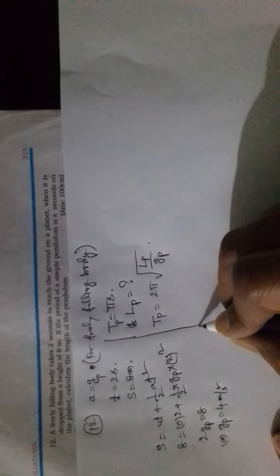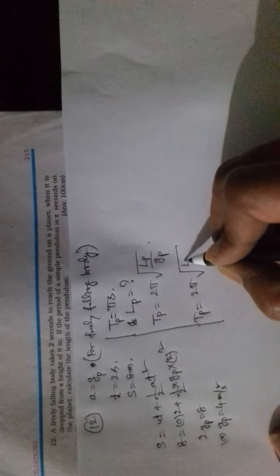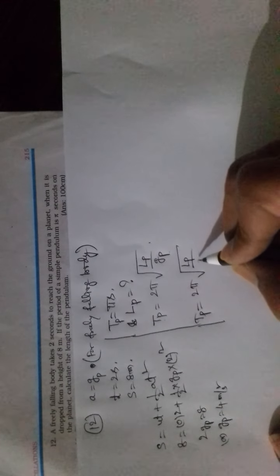Now 2 gp is equal to 8, or gp is equal to 4 meter per second square. Let us substitute the values here: 2 pi root Lp by 4.